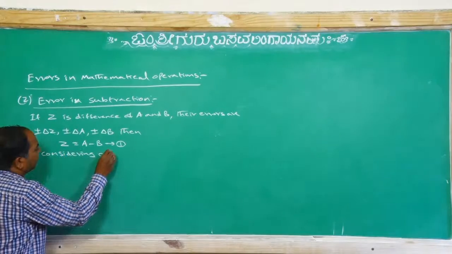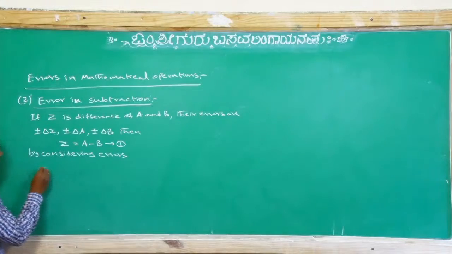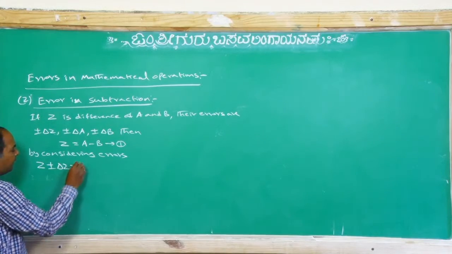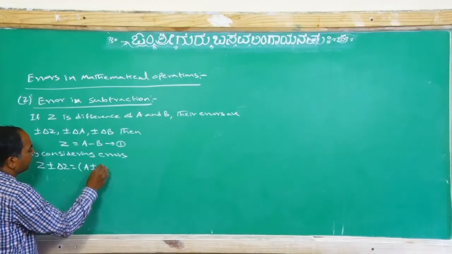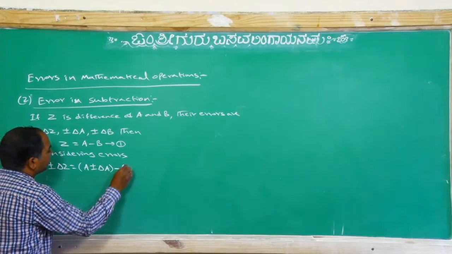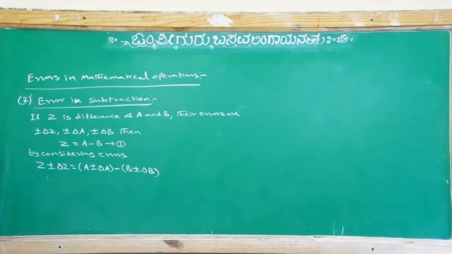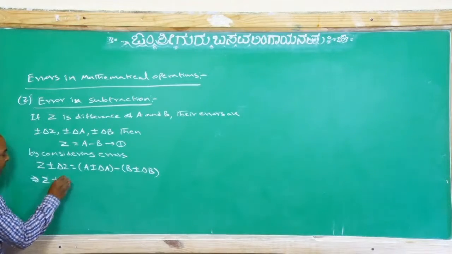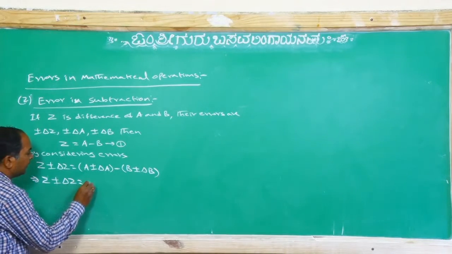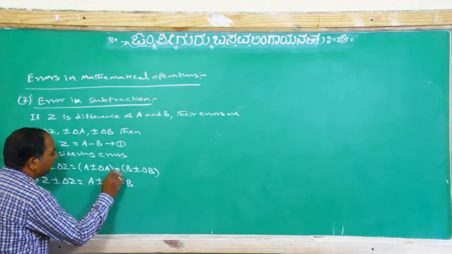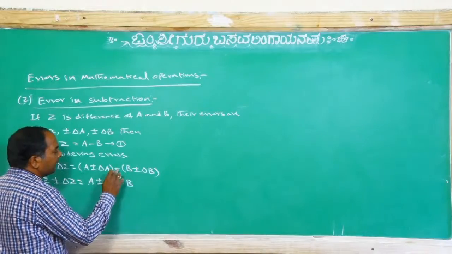If you consider errors, how do you write? Z plus or minus delta Z is equal to A plus or minus delta A minus B plus or minus delta B. Minus into plus minus, minus into minus plus.